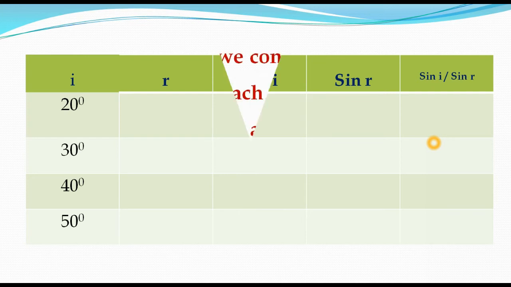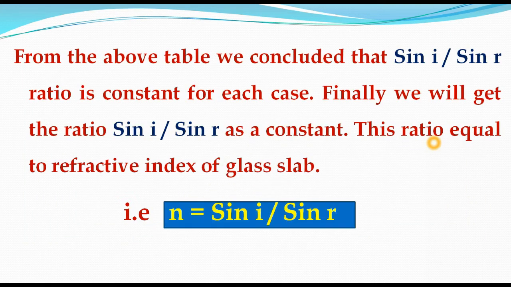When you observe the last column, almost all sin I by sin R ratios in each row are approximately equal. That means sin I by sin R is constant. So from the above table, we concluded that the sin I by sin R ratio is constant for each case. Finally, we get the ratio sin I by sin R as a constant value.